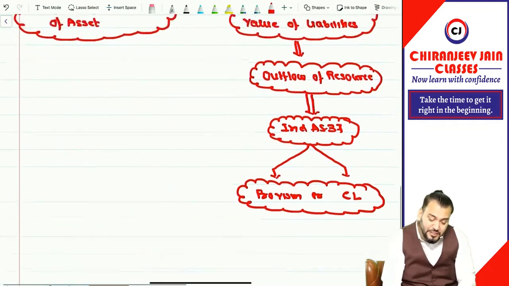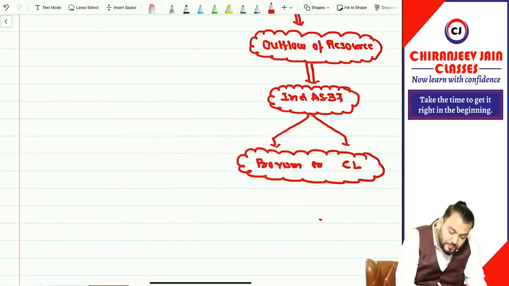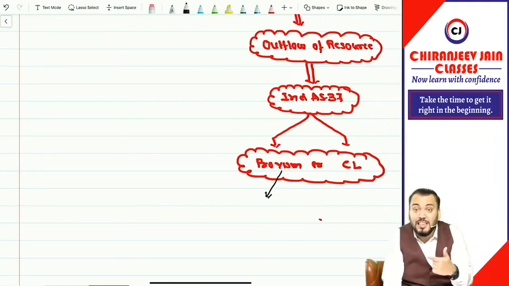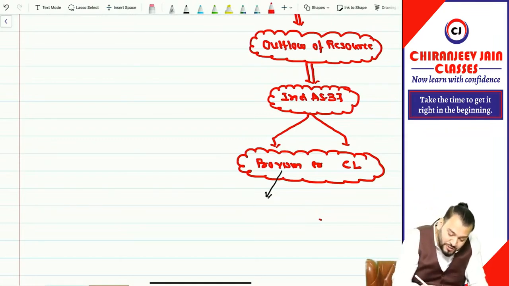Can I say this provision is nothing but a liability? Are these provisions liabilities or not? Yes or no? Even these provisions are liabilities. Why is it a liability? Because it will increase the value of liabilities. It will result in some outflow of resource. So these provisions are liabilities.